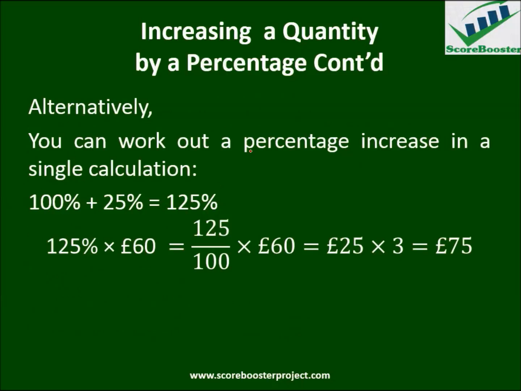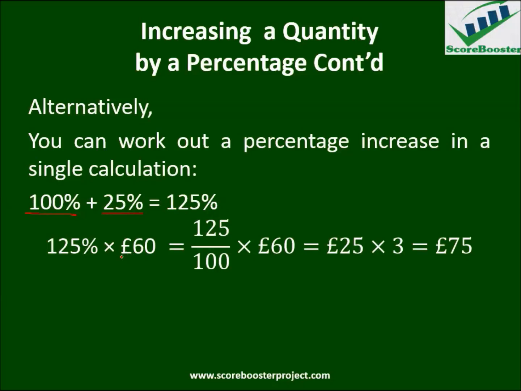Alternatively, you could work out the percentage increase in a single calculation. To make things easier, especially under examination conditions: we've been asked to increase the 60 pound by 25%. Since 60 pound represents 100% of the quantity, increasing it by 25% means having 100% plus 25% of it, which is equal to 125% of the quantity.